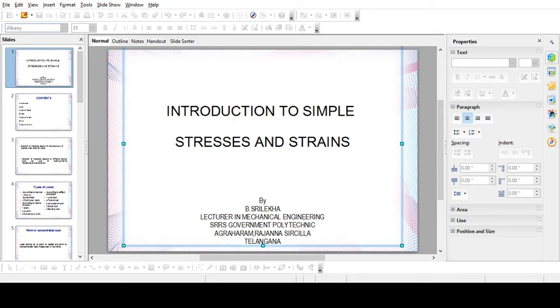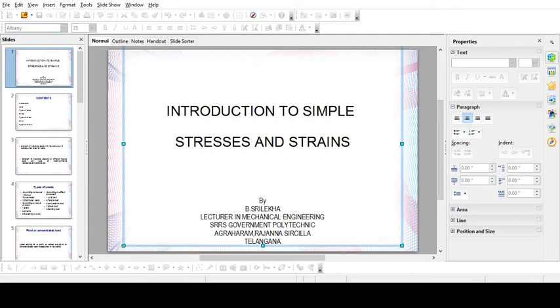Now stress is of three types. One is tensile stress, the other is compressive stress, and the other is shear stress. Coming to tensile stress, when the load is making the body pull all its particles away from the center line, away from the axis, it is tensile stress.